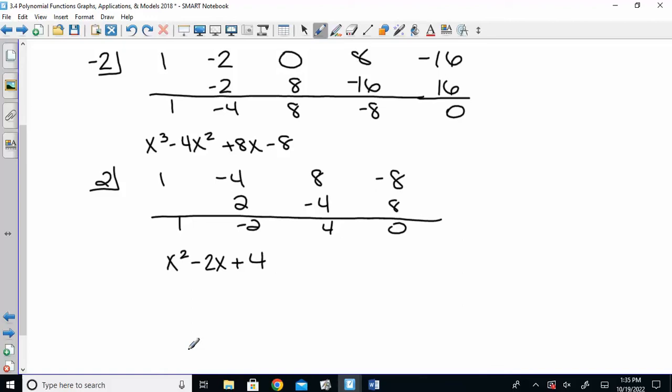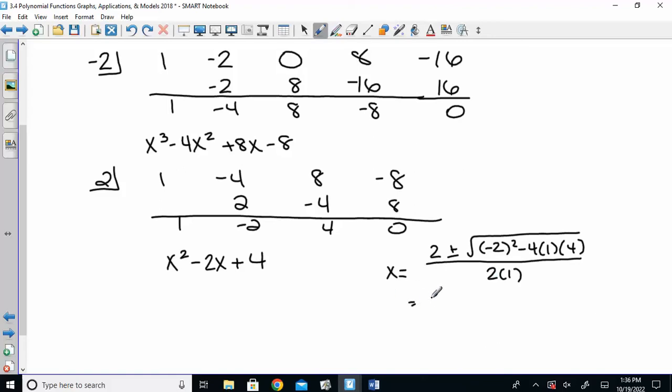Does that factor nicely? No. So then what do we do? Quadratic. All right, we're just throwing everything in one problem. So opposite of b plus or minus the square root of b squared minus 4ac all over 2a.